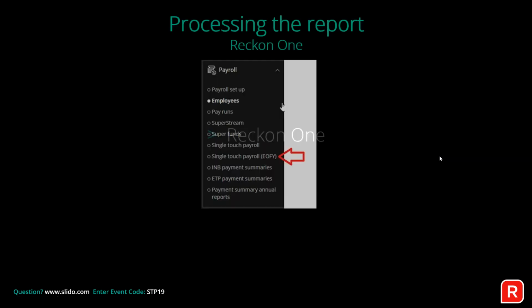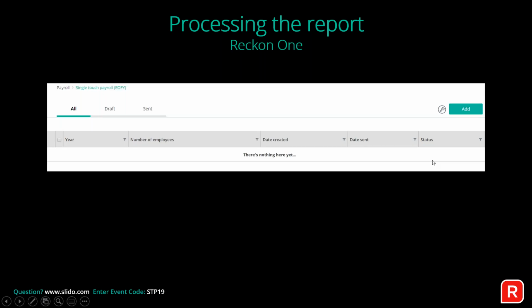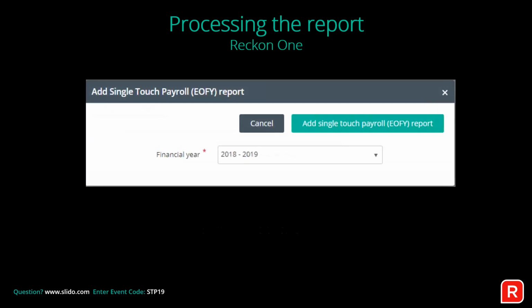With Reckon 1, what you'll need to do when you go look under the payroll option, you'll see a new item there called Single Touch Payroll End of Financial Year. So click on that and you'll see a new form there which will be blank. So just click on Add and you'll be asked for a financial year.